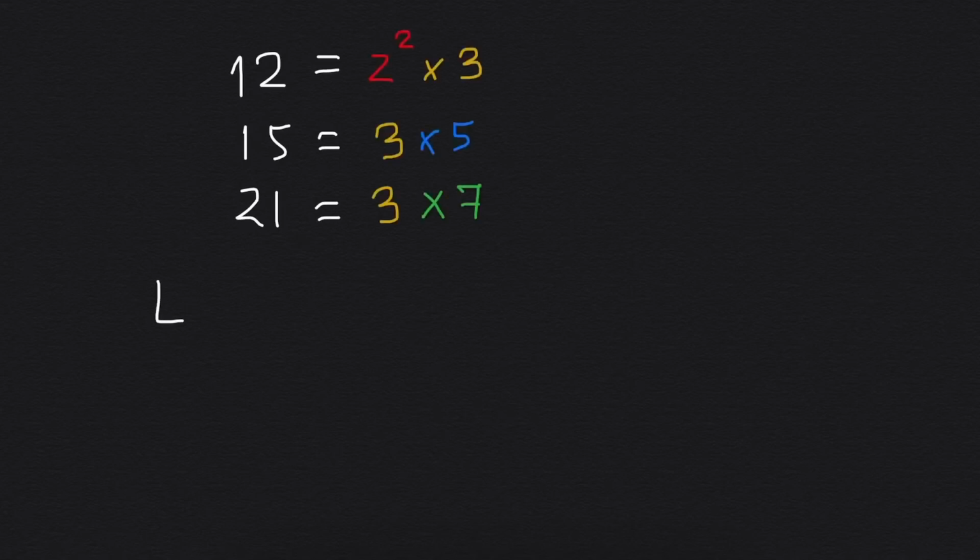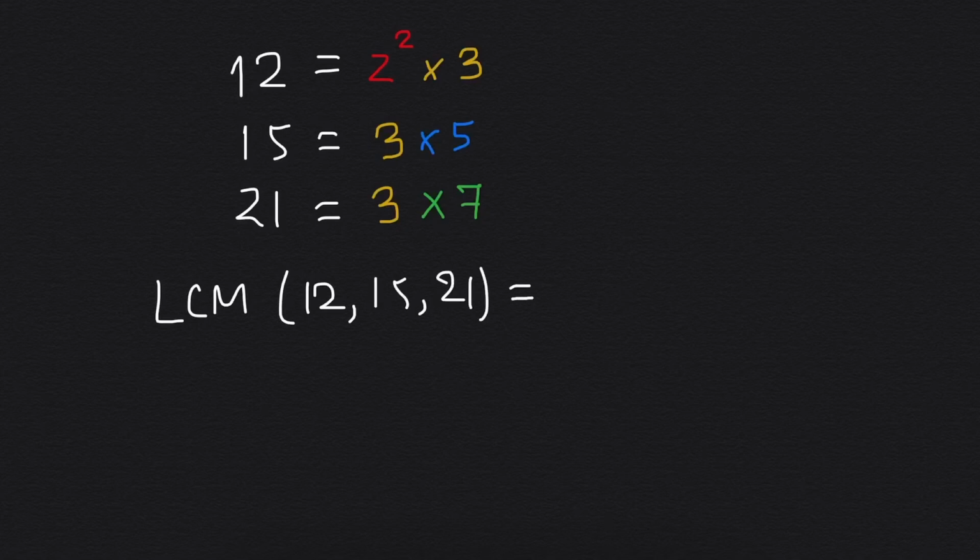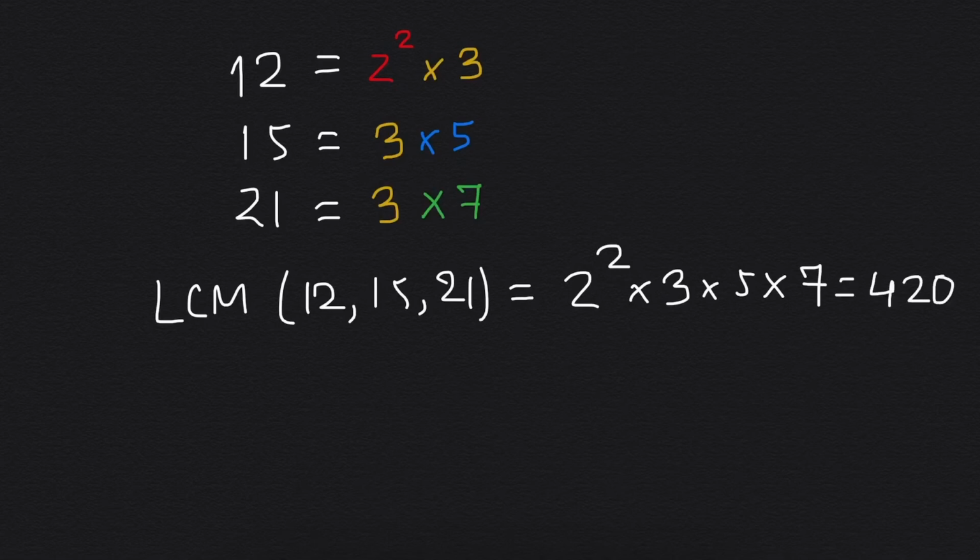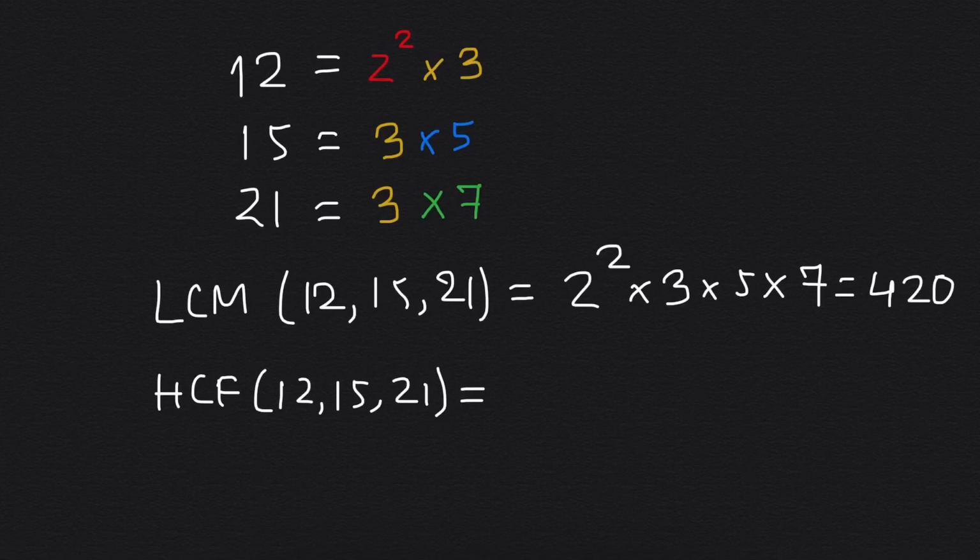Now let's find the LCM of 12, 15 and 21, we'll have 2 square into 3 into 5 into 7, 420. Again, for highest common factor HCF of 12, 15 and 21, we have to consider only the common factors, that is here 3.